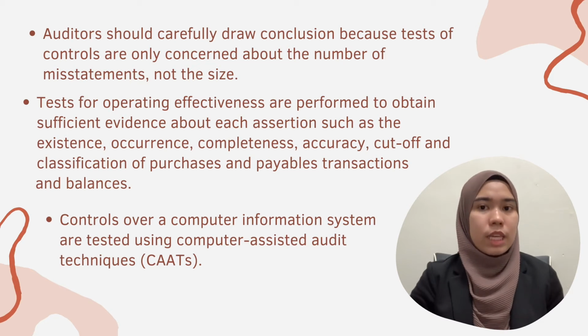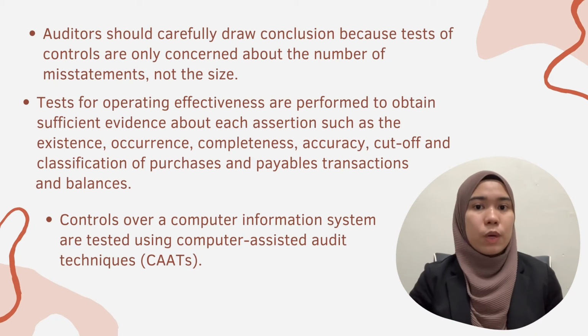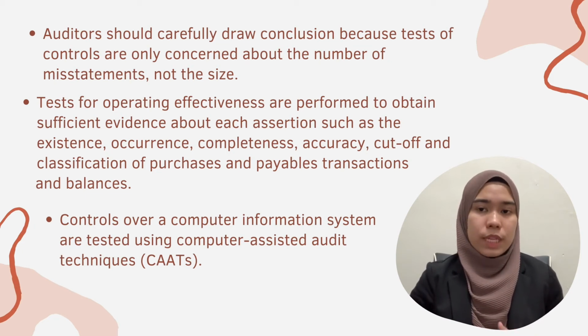Tests for operating effectiveness are performed to obtain sufficient evidence about each assertion, such as the existence, occurrence, completeness, accuracy, cut-off, and classification of purchases and payables transactions and balances. In addition, controls over a computer information system are tested using computer-assisted audit techniques, known as CAAT.